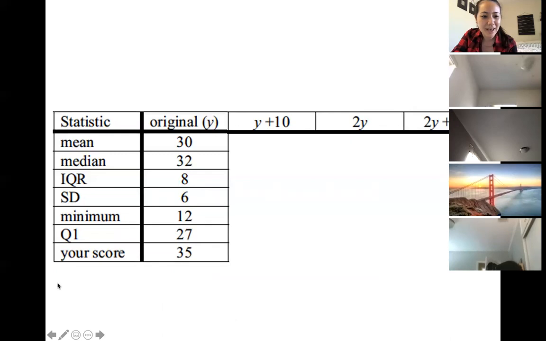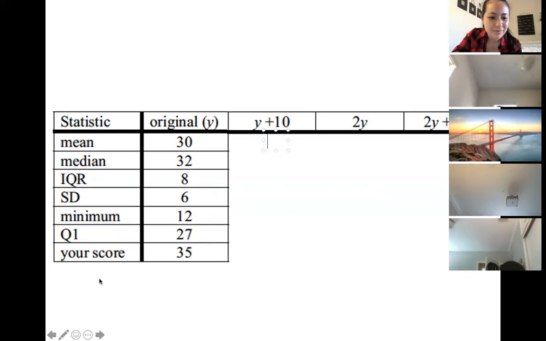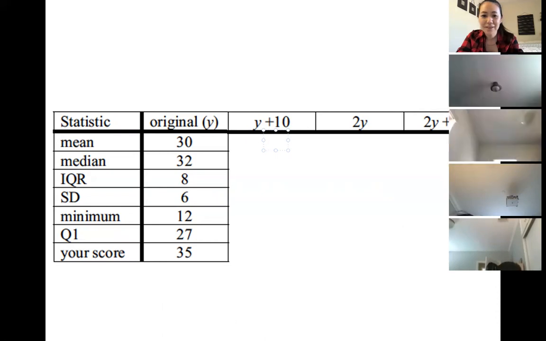Okay, so let's say the mean. If the mean originally was 30, what would be the new mean? Clarissa. 40. 40, good. All right, so the mean would also shift up by 10 and you would get 40.